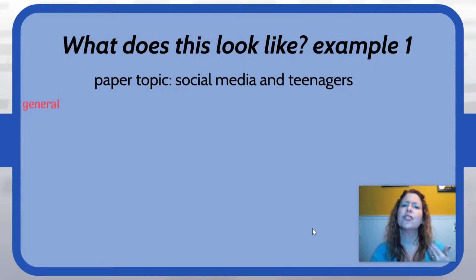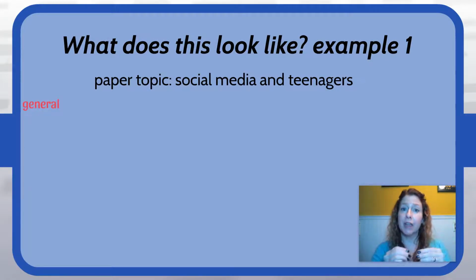First, write a general statement about that topic. Now, one thing to keep in mind, this should be a statement that is general knowledge. That means it shouldn't be a new fact that you got from your research. This should be something that doesn't need to be cited, that everyone can agree that they understand and know.